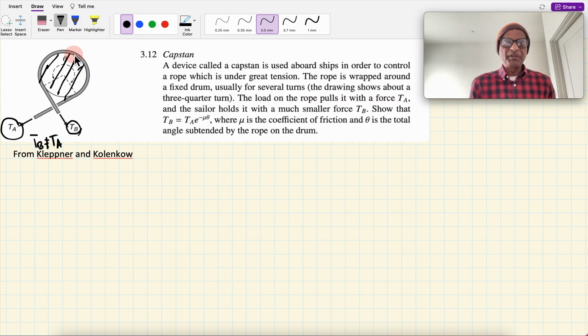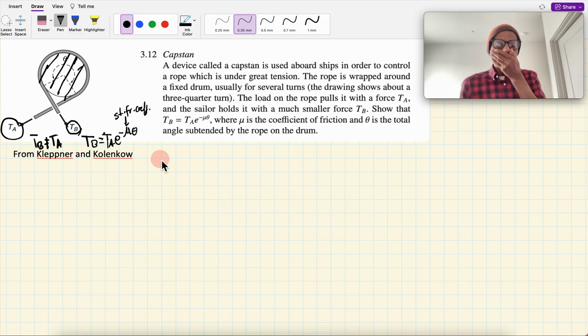Actually, depending on the friction over here, that TB can be quite different than TA. And we're supposed to show that TB is actually equal to TA times e to the minus mu theta, and mu is the static friction coefficient.